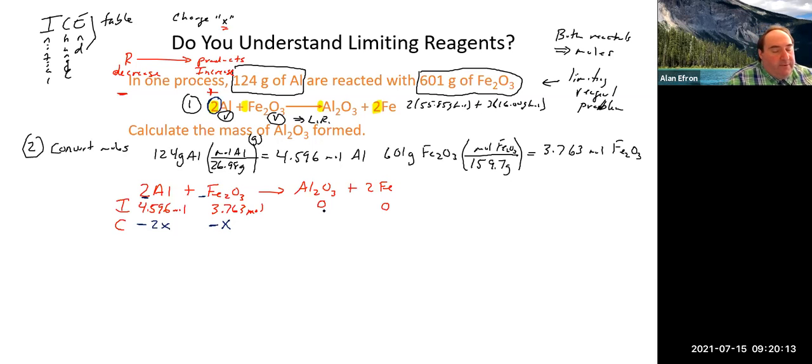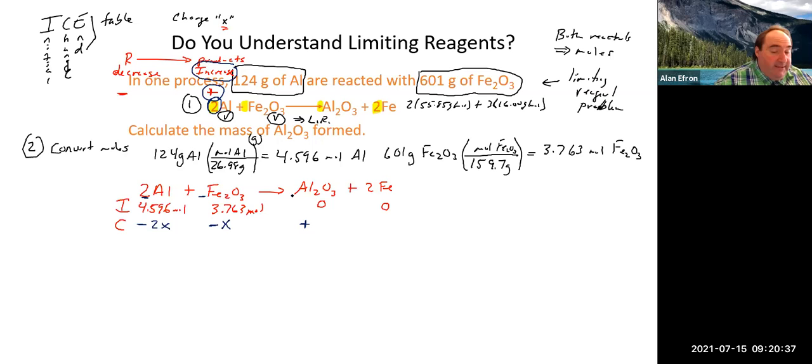Now, when we go to our product side, as we were talking about, we should expect these guys to be increasing with time. As time goes on, we should be making products. We're going to represent those with positives here. So as we come to our aluminum oxide on the product side, this should be plus because we're making products.